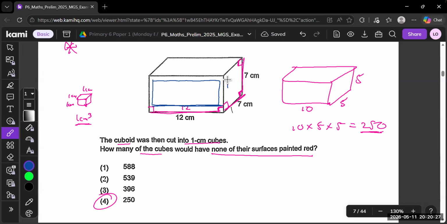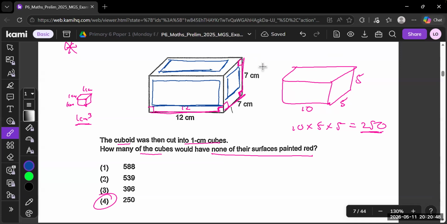And over here, these are the cubes untouched on the inside, hiding inside that you can't see. And then this will be the cubes on top, also the same thing. These are the cubes that are hiding inside that you can't see.